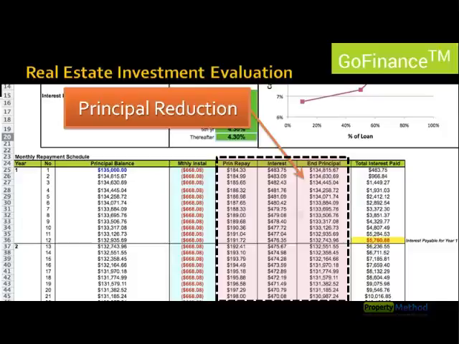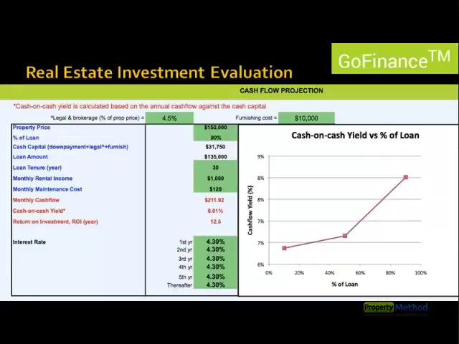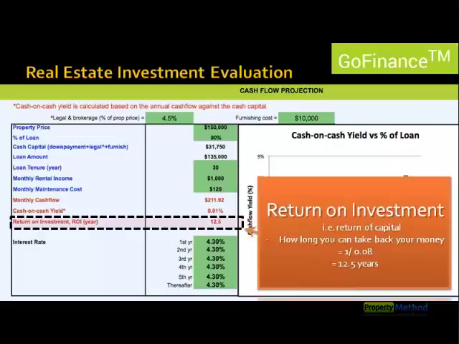For the time being, we just proceed to the last result from the analysis. The final term in this spreadsheet is the return on investment. This is a term commonly used in investment analysis. Here in this spreadsheet, we refer to it as a measure of how long we can take back all the money we have invested in an investment.